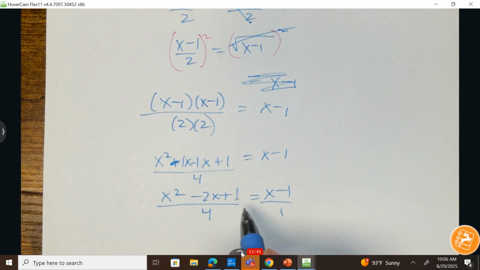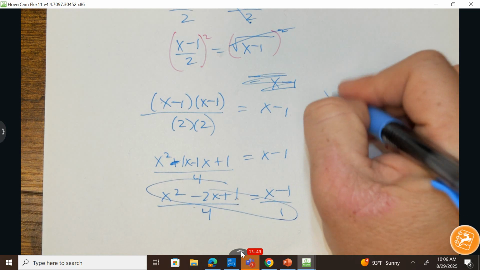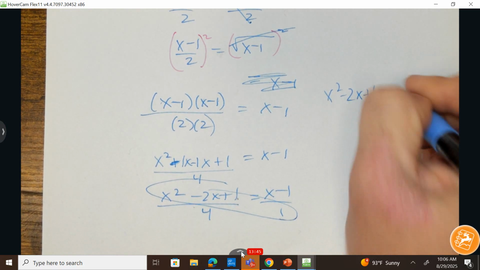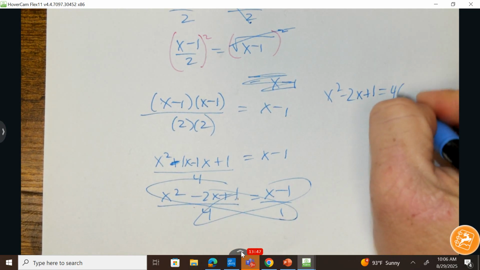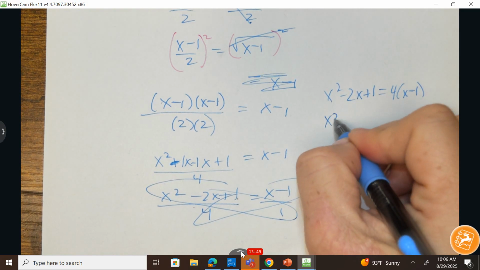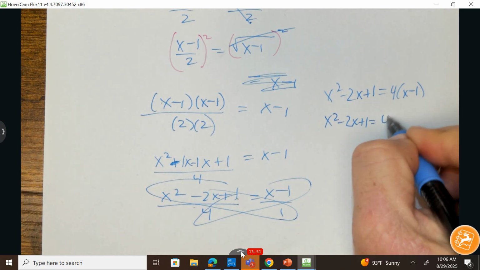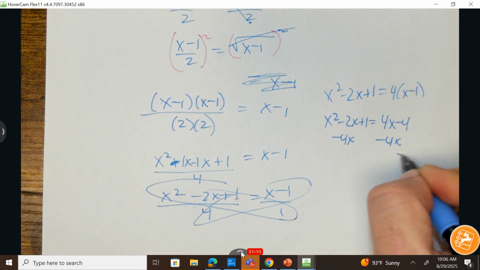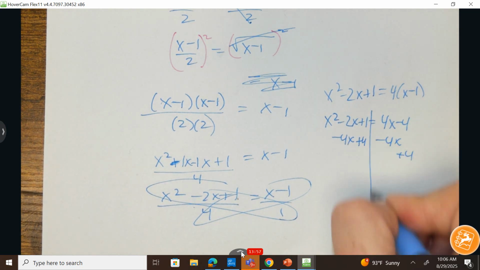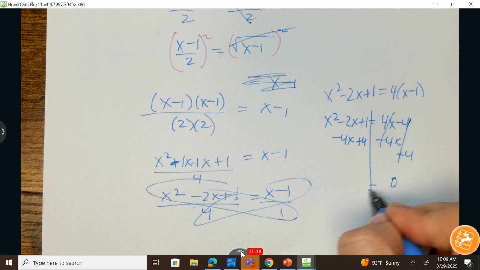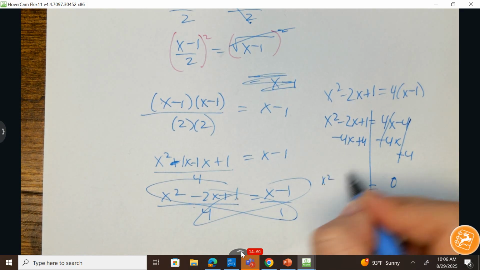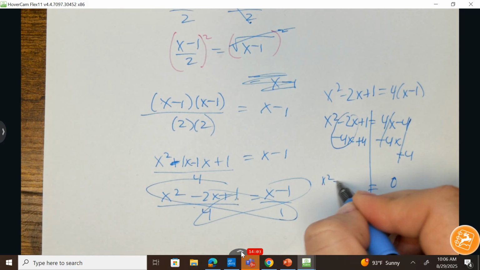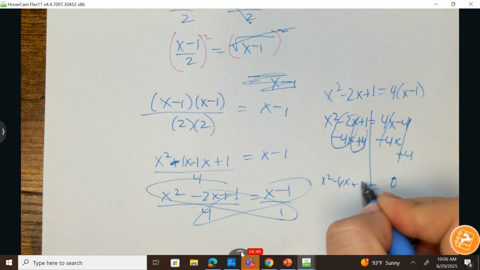And now I'm going to cross multiply. 1 times itself is just x squared minus 2x plus 1. On the right, I have 4 times x minus 1, 4x minus 4. Let's move everything over to the left-hand side, and I'm left with 0 on the right. On the left, I have x squared minus 6x plus 5.